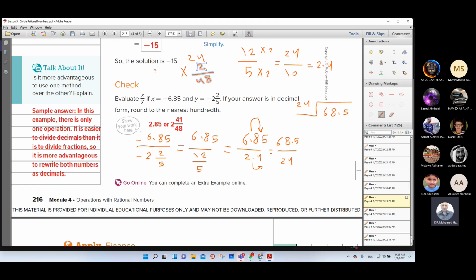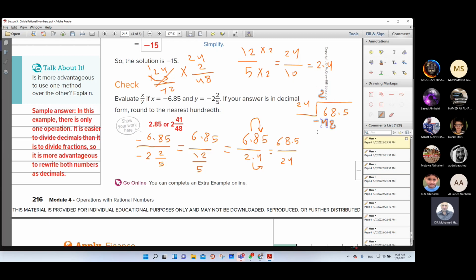And if you try 3, 3 times 4 is 12, 3 times 2 is 6 plus 1 is 7. This is not suitable because 72 is greater than 68. So take 2. 2 times 24 will be 48.